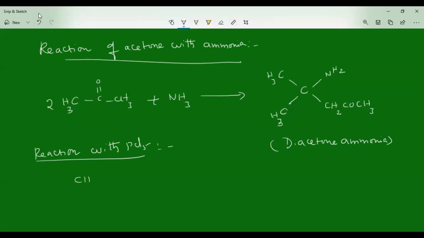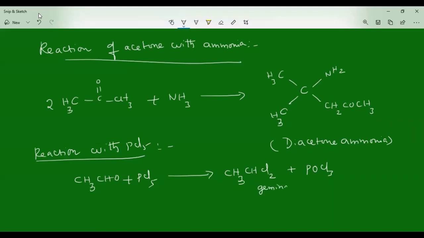For example, if you take acetaldehyde, CH3CHO, with phosphorus pentachloride, the carbonyl oxygen will be replaced by 2 chlorine atoms. In place of one oxygen you write 2 chlorines. You will get CH3CHCl2, plus the rest of the compound is phosphoryl chloride, POCl3.